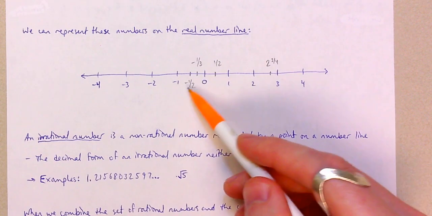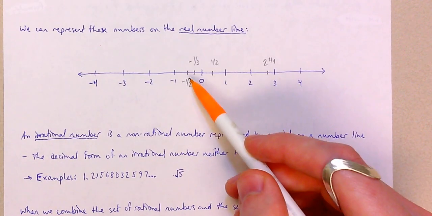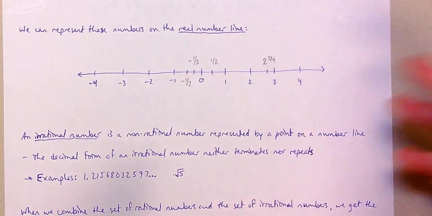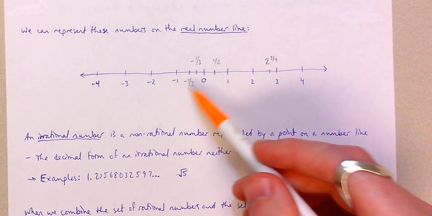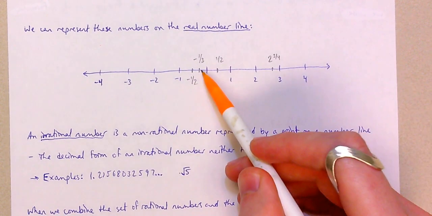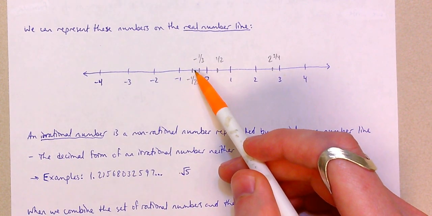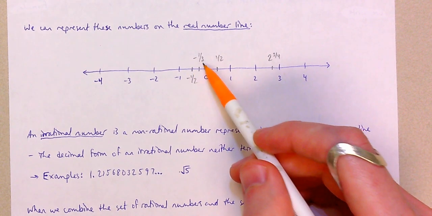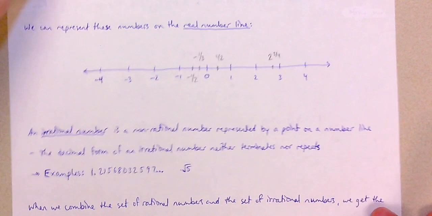Well, it's because they are negatives. And by looking at this real number line, it's easier to see, okay, that's why. This number is farther to the right than that guy, so this number is greater.